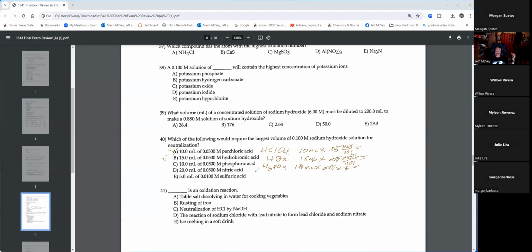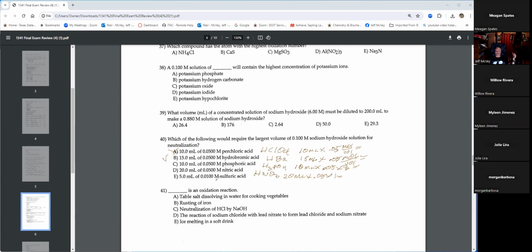For nitric acid, its formula is HNO3. I've got 20 mils of it times 0.05. And again, since nitric acid is monoprotic, there's only one, you could say times 1. Remember, this one's times 3.